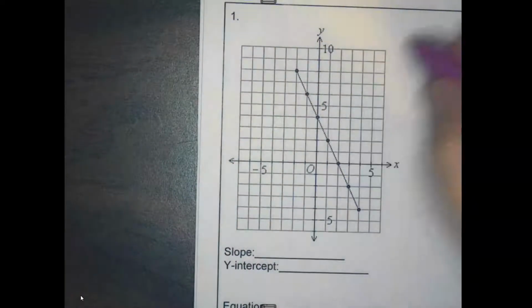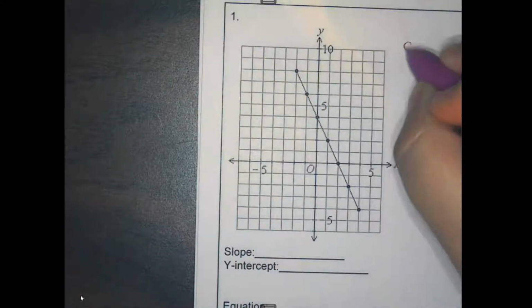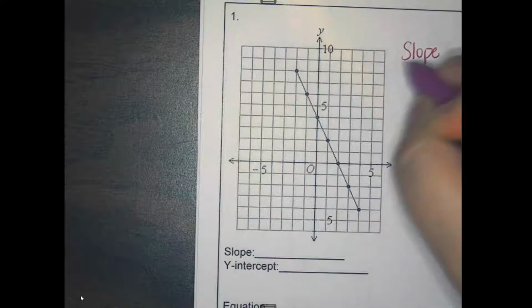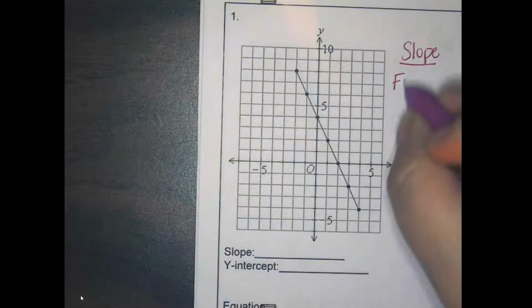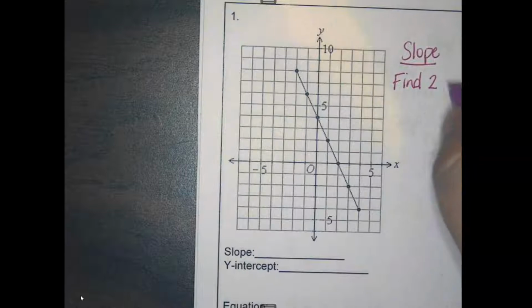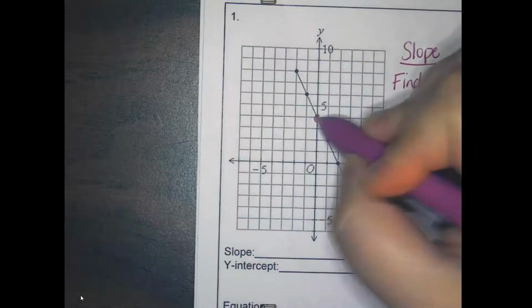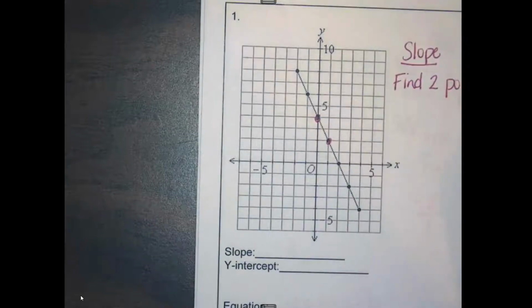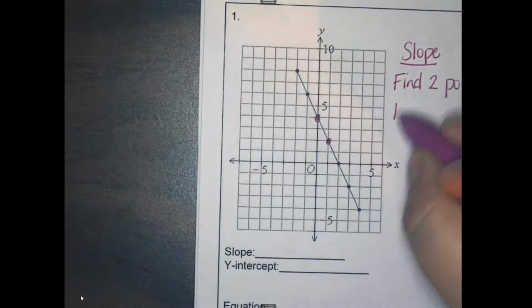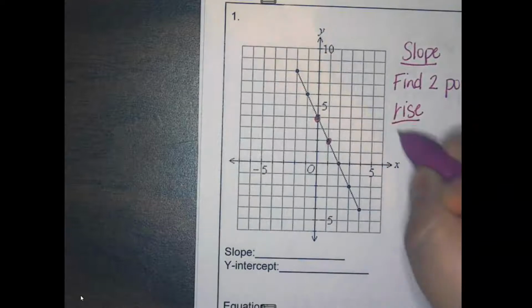So to find my slope, my first step is to find 2 points. So here's a point, here's a point. My second step is to do rise over run.